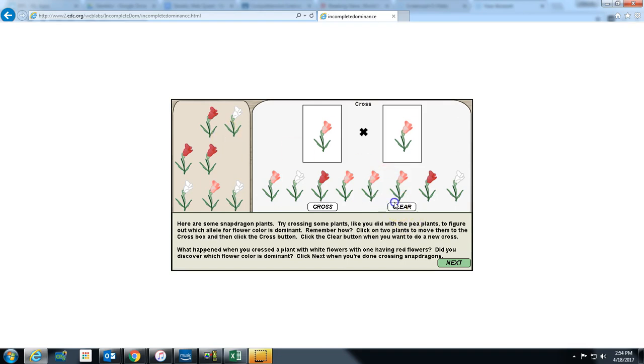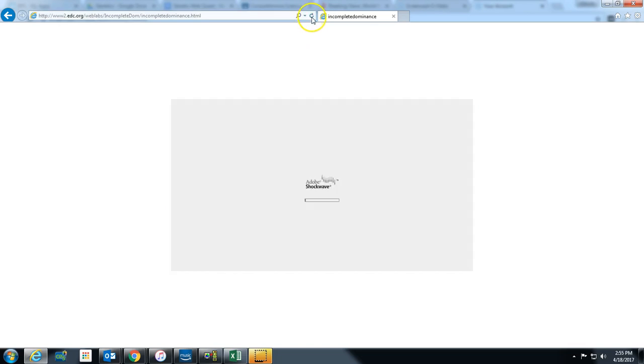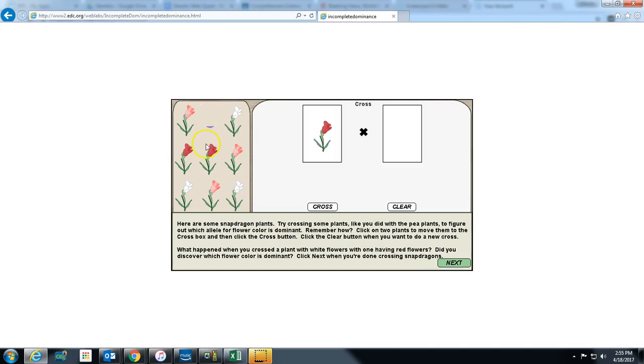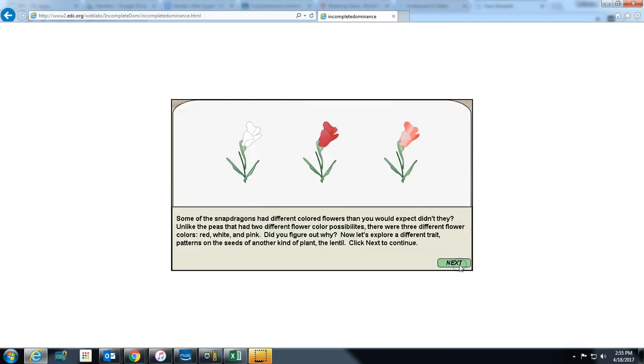What happens when we do both red? And sometimes this app shuts down and we have to just go back and start. That's okay. So when we do 2 reds, we get all red. So knowing that, I'm going to hypothesize when I do 2 whites, I'm going to get all white. And that's true. So do we have just one dominant color?